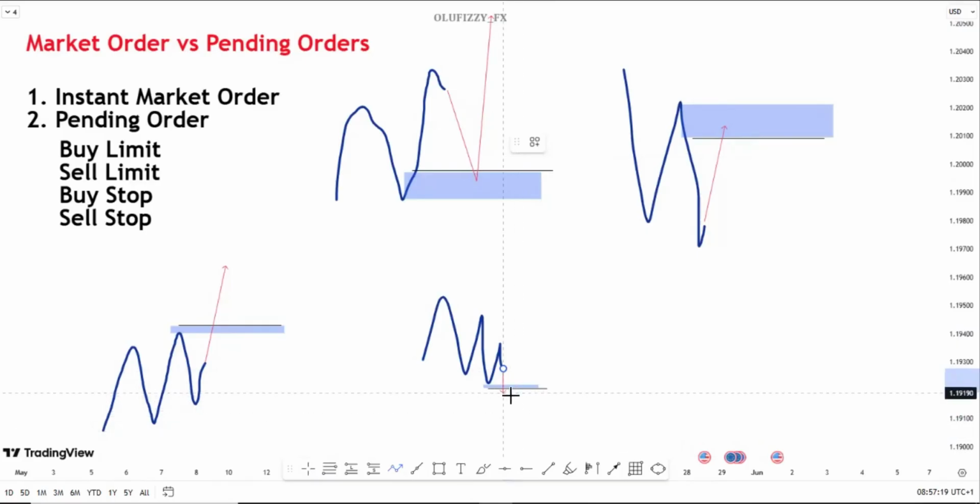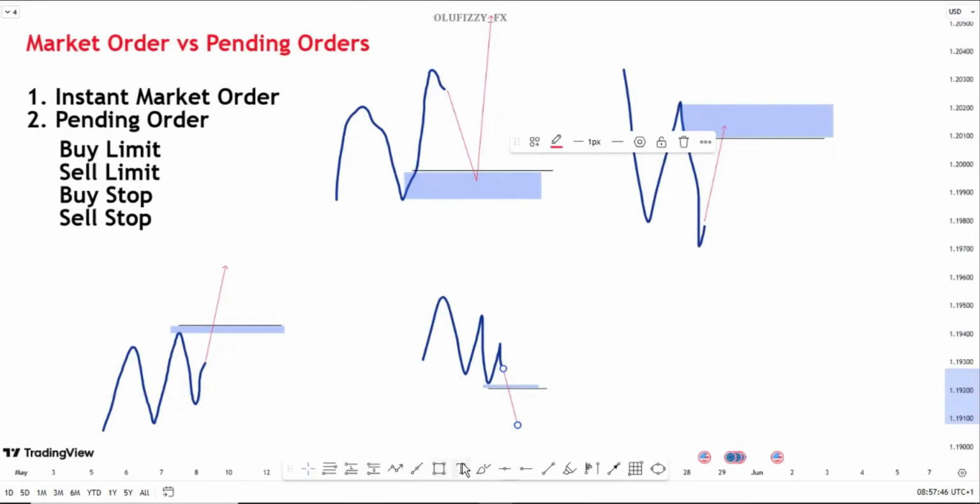Your trade is going to open. So that is sell stop. In simple terms, a sell stop is when you set a sell below the current market price.